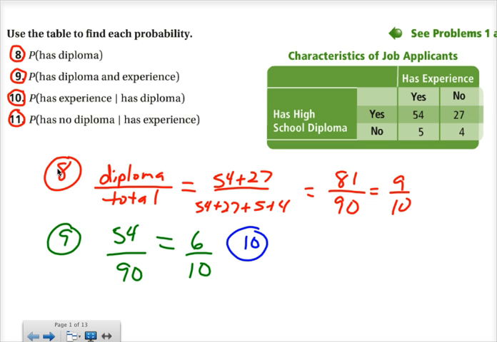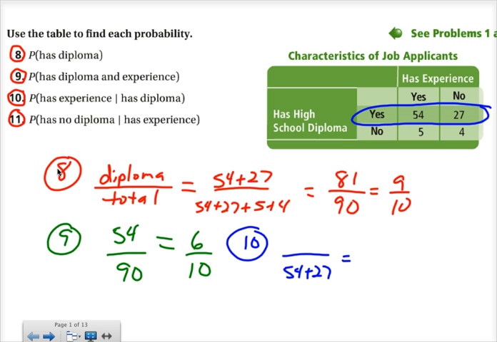So what I have to do is go find the part of the chart that just works with people that have a high school diploma. And that is going to be my total. That's what that given is doing. It's changing the group that we are looking at. And then what I need, as you read it again, is the people that have experience, but only from that row.